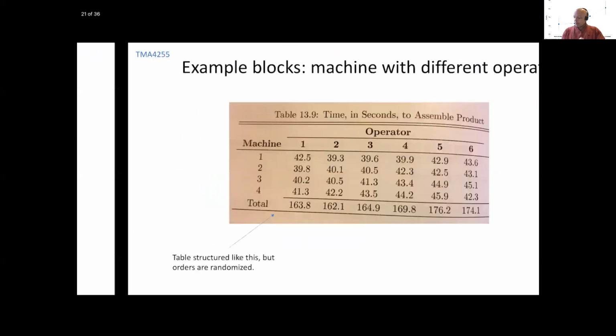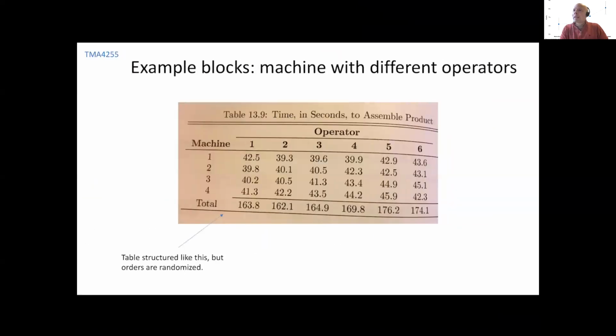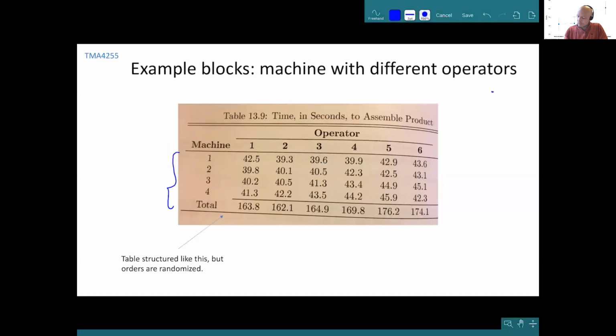So here's an example of blocking where four machines are compared. This is the treatment variable. We want to compare the different machines, but we have different operators, and these are the blocks. So why do we want each operator to run all these machines?